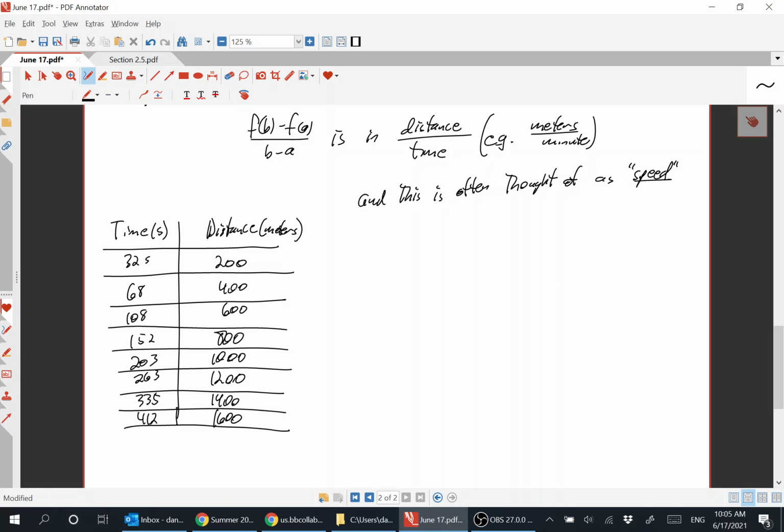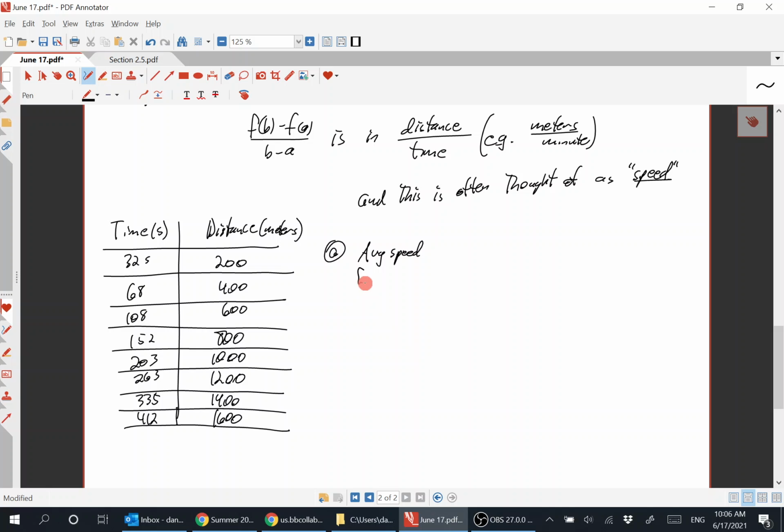Part A asks, what is the man's average speed between 68 and 152 seconds? Average speed here means average rate of change. Distance over time is distance over time, and the average rate of change is in units of distance over time, so we think of that as speed.